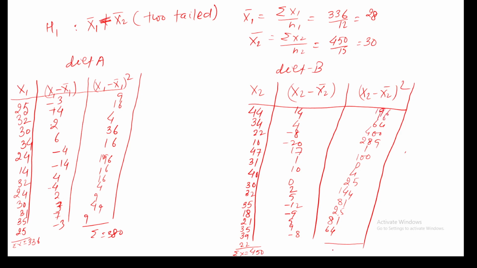How much came? It's calculable. 1410, no? Is it correct?